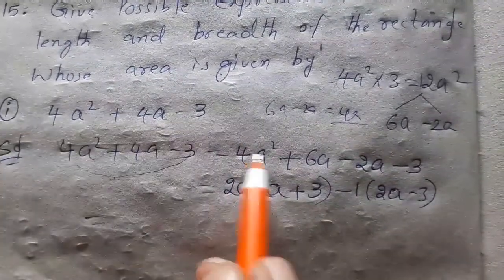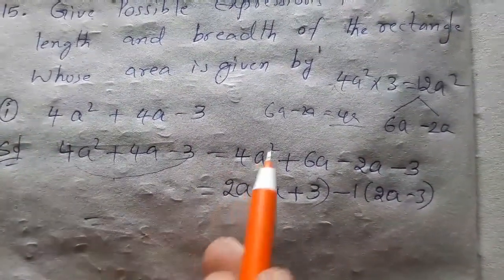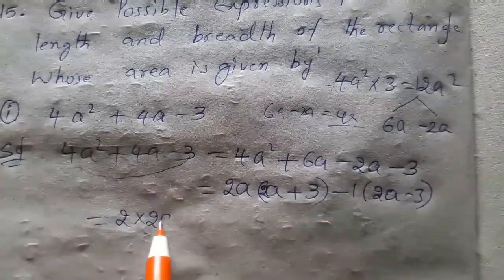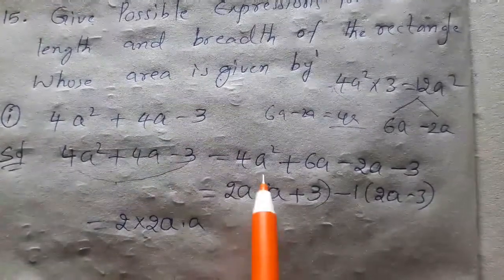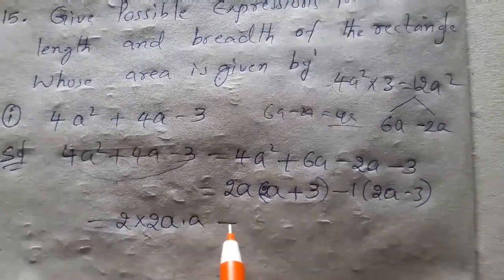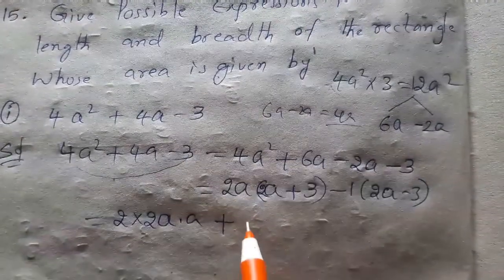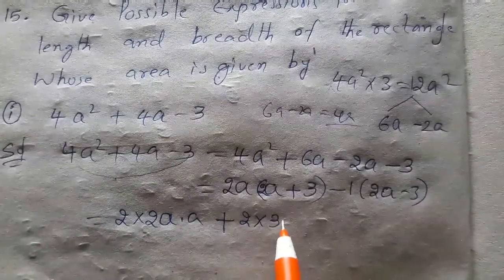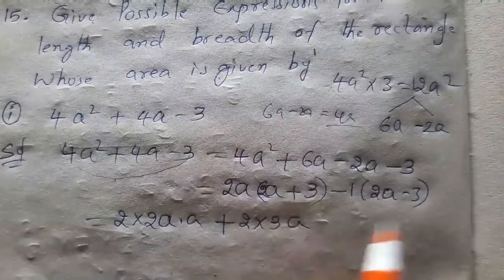See here, this can be written as 2 into 2a into a. First, a into a becomes a square, 2 twos are 4. Next plus, this can be written as 2 into 3a. Are you understood?